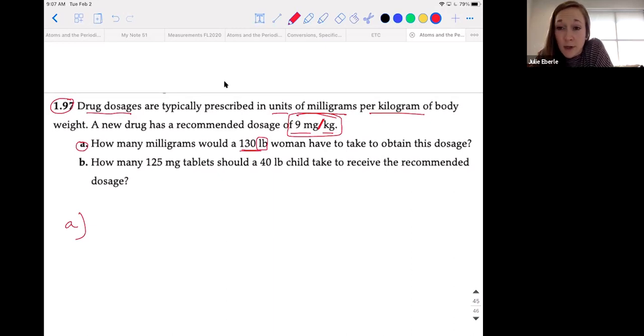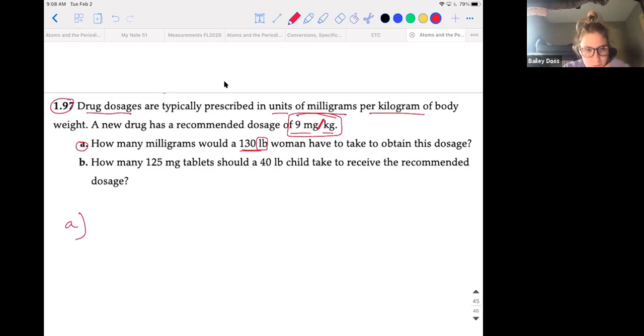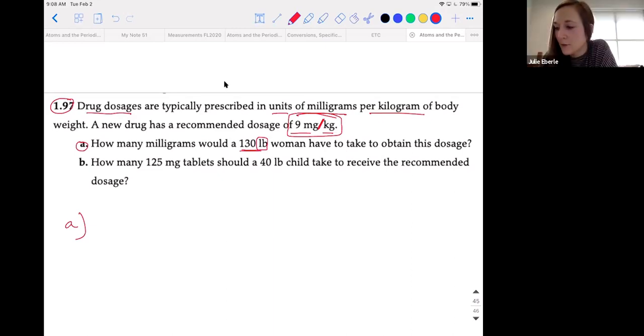Can anybody tell me where I should start with this? 9 milligrams over 1 kilogram. Okay, let's do it. So we just wrote out this relationship as a conversion factor. Now what are we going to do?